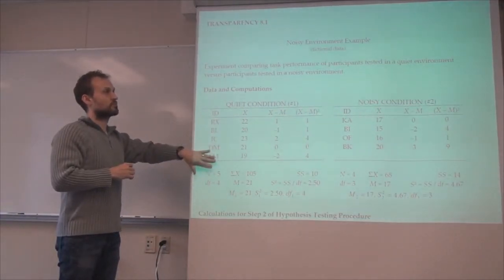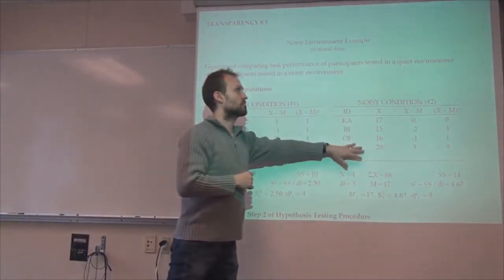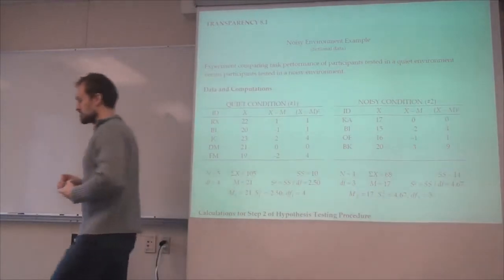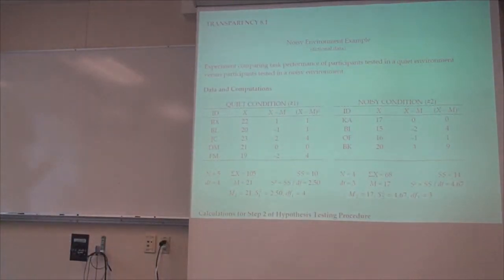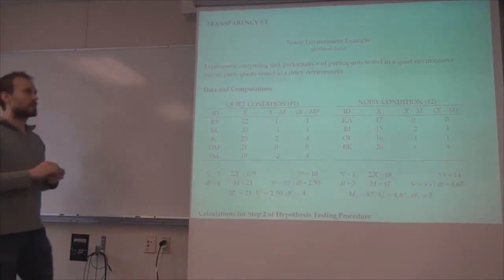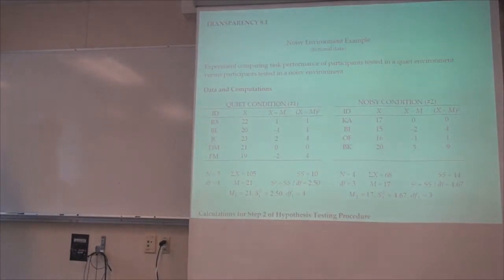This sample is hopefully representative of how people would do in this situation, and this sample is hopefully representative of how people would score in the noisy environment. And I'm trying to see how those two means compare. So it's not the same situation as before, but I'm still trying to compare two means, now two independent means.